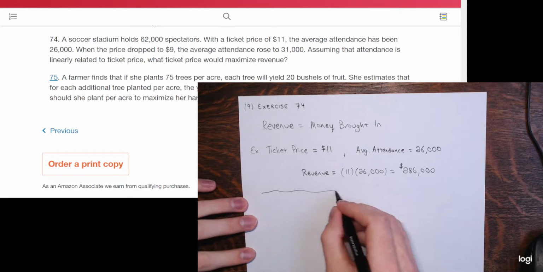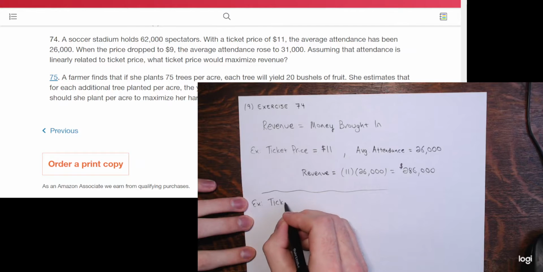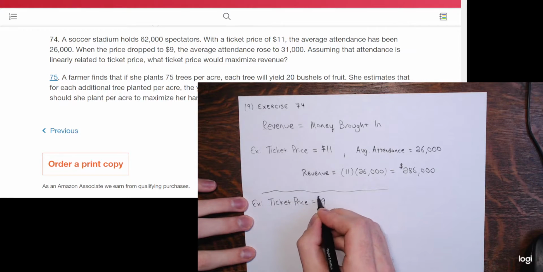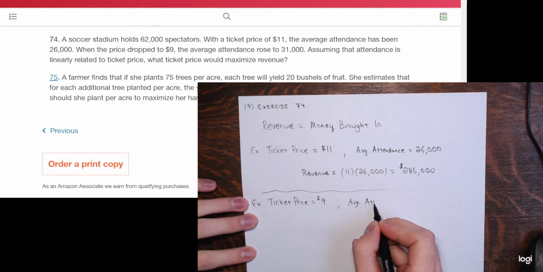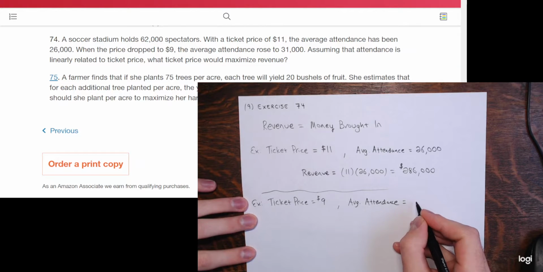Another example of this, when the ticket price is $9, they said the average attendance was 31,000 people.